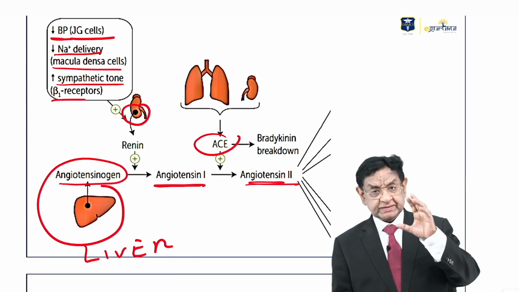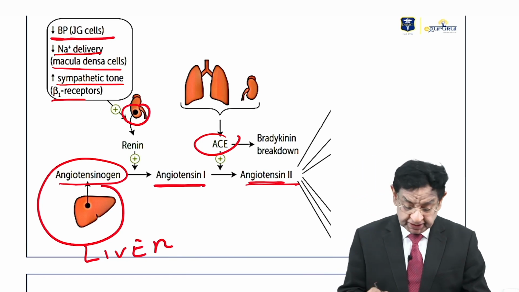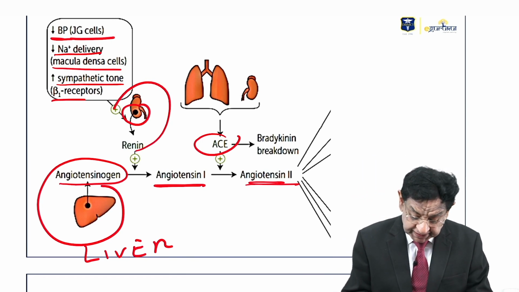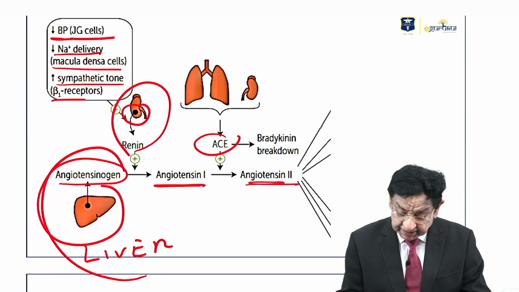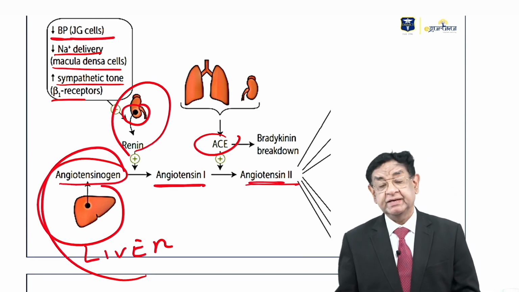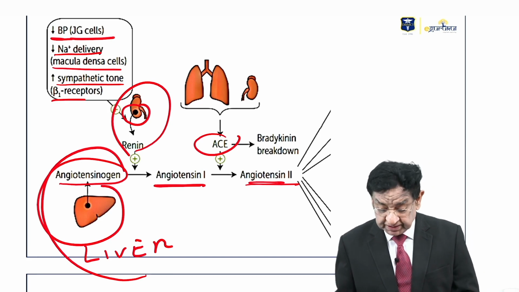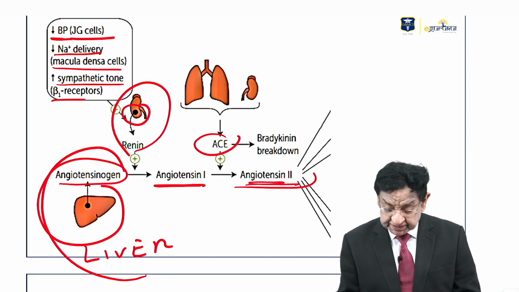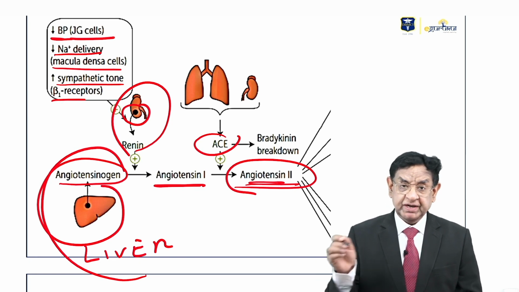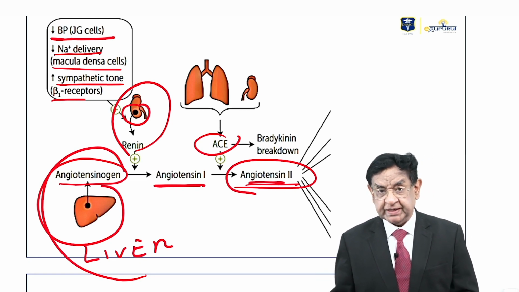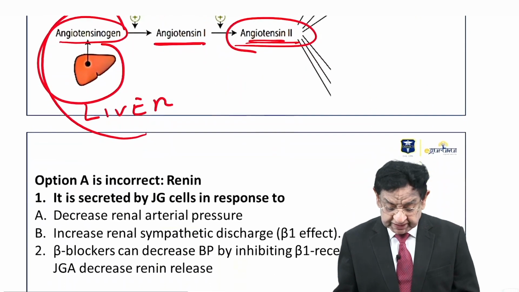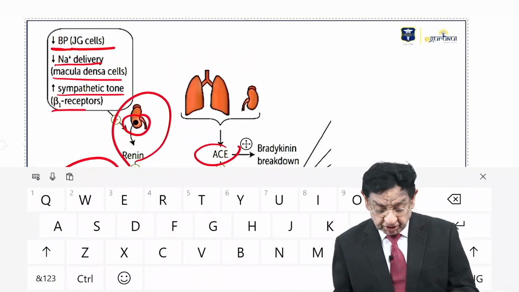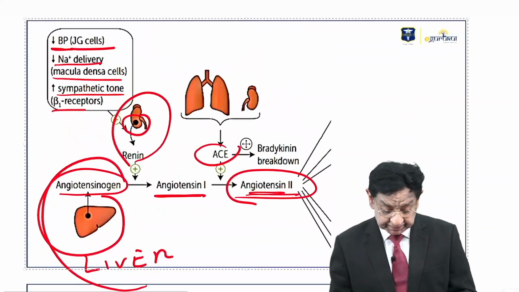So now you can see there are three important molecules: renin coming from the kidney, angiotensinogen coming from the liver, and ACE coming from the lungs. Now angiotensin 2 has been made, and we learned that its action in the kidney is to cause efferent arteriole vasoconstriction. So let's learn more about each of these molecules in detail.